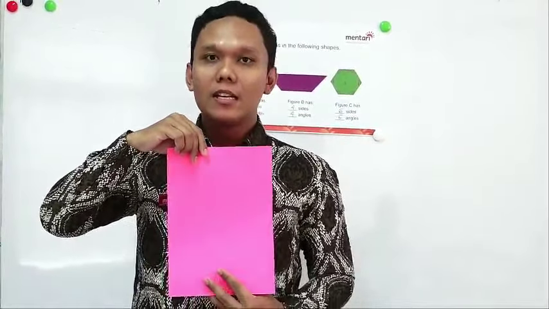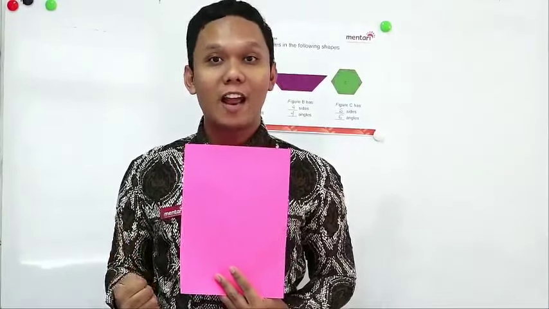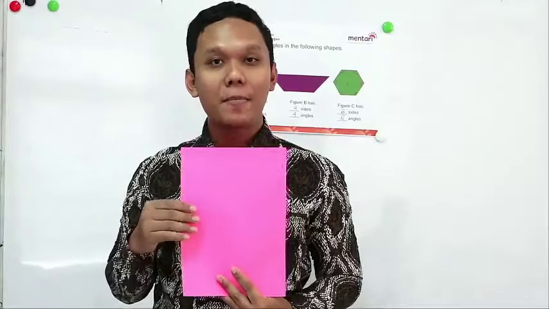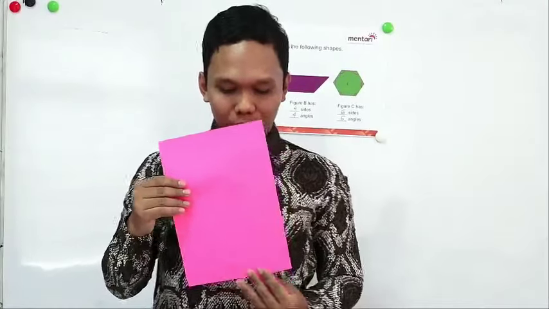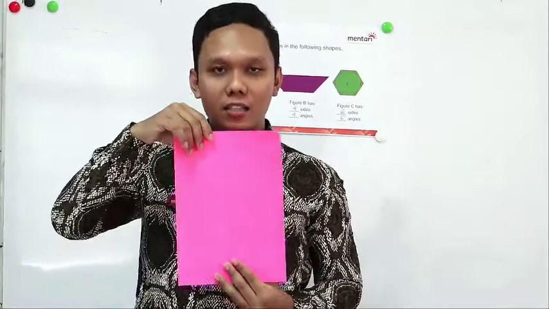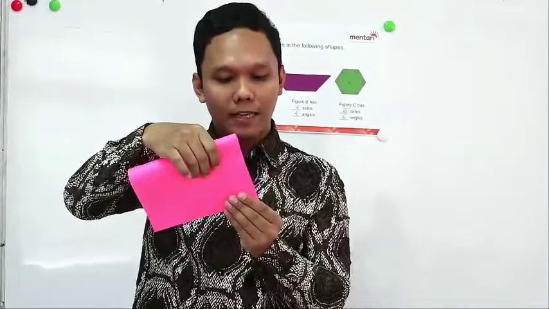If you have an A4 paper while you're watching, you can grab it and let's do this together and follow my instruction. All right? So now, what we're going to do with the paper. Let's fold the paper horizontally so that you have 2 equal parts.